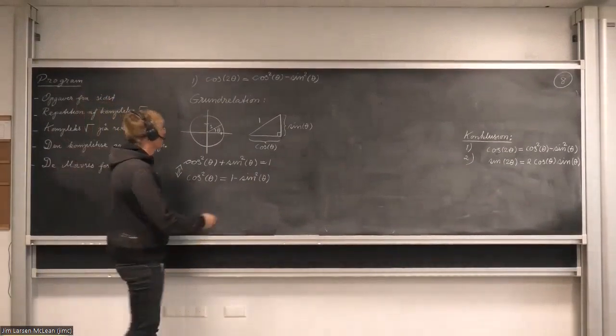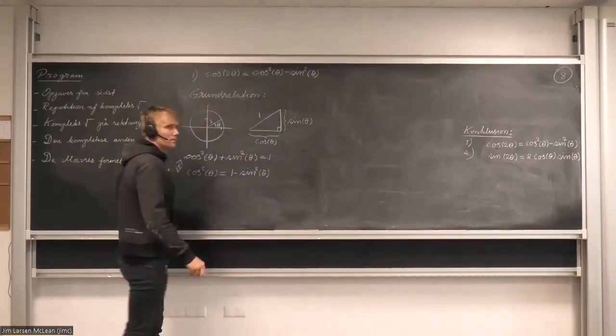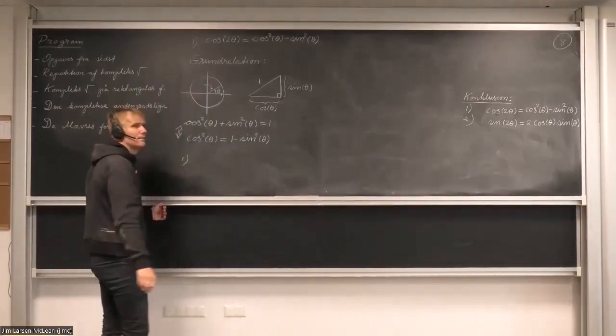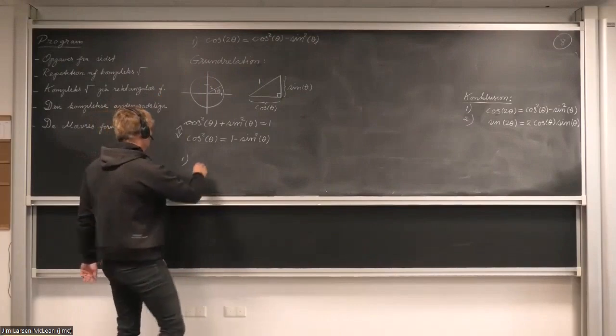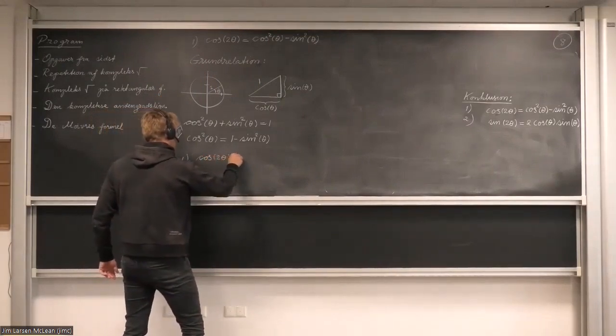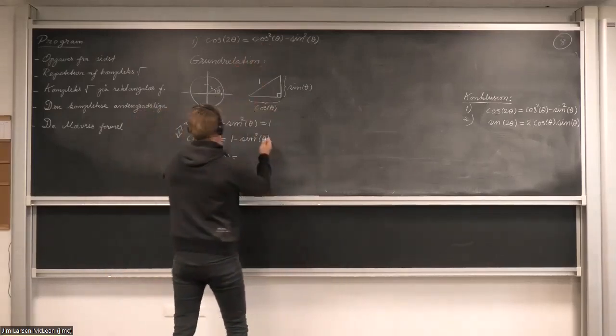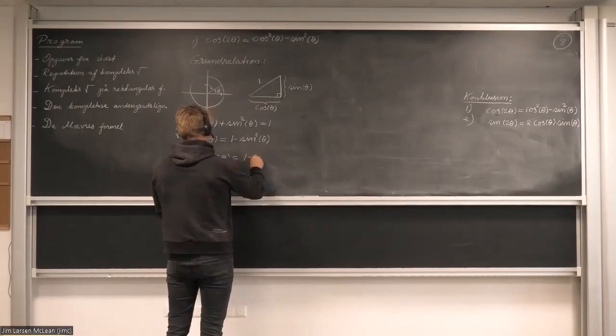And if I take this and plug it into the cosine squared at the top, it reads: cosine of the double angle equals cosine squared of theta, but that's the same as 1 minus sine squared of theta.